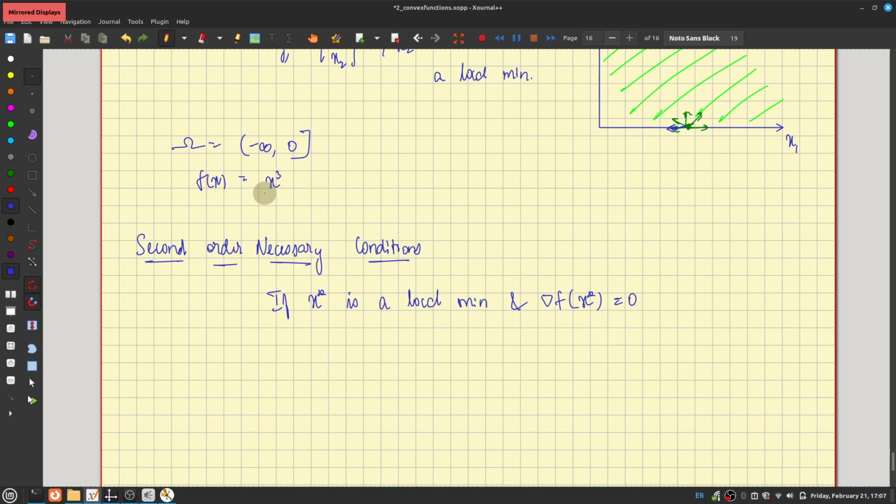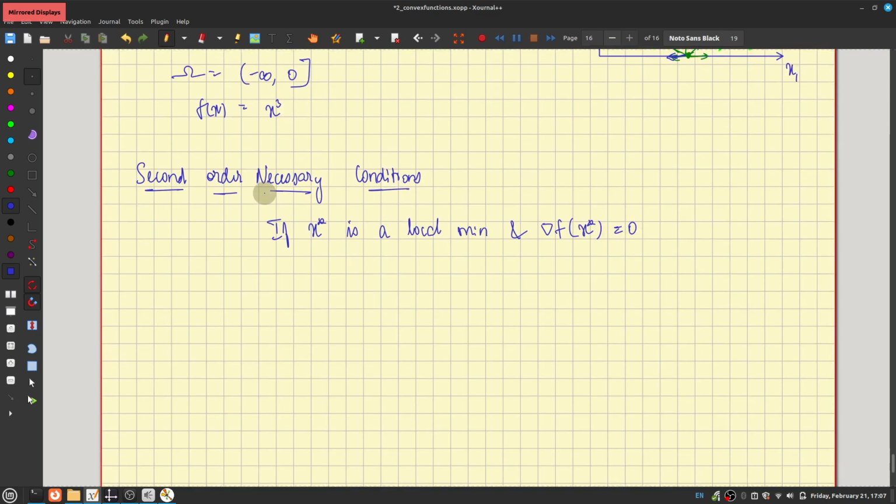Now, what can you say about the point 0? Is this a local minimum? It's a local minimum, right? But then what does the first derivative test tell us? What is the derivative of f at x equal to 0? It's equal to 0, right? So it's not enough to tell us concretely whether this is a local maximum or a local minimum.